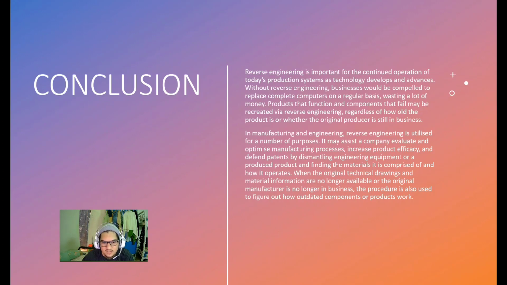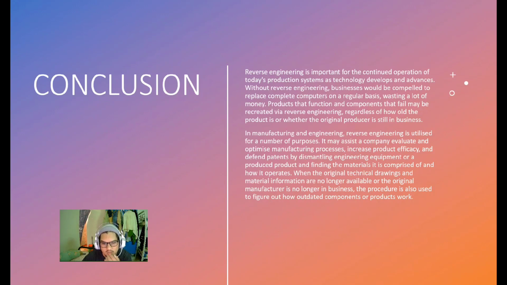In manufacturing and engineering, reverse engineering is utilized for a number of purposes. It may assist a company to evaluate and optimize manufacturing processes, increase product efficiency, and defend patents by dismantling engineering equipment or a manufactured product and finding the materials it is comprised of and how it operates.